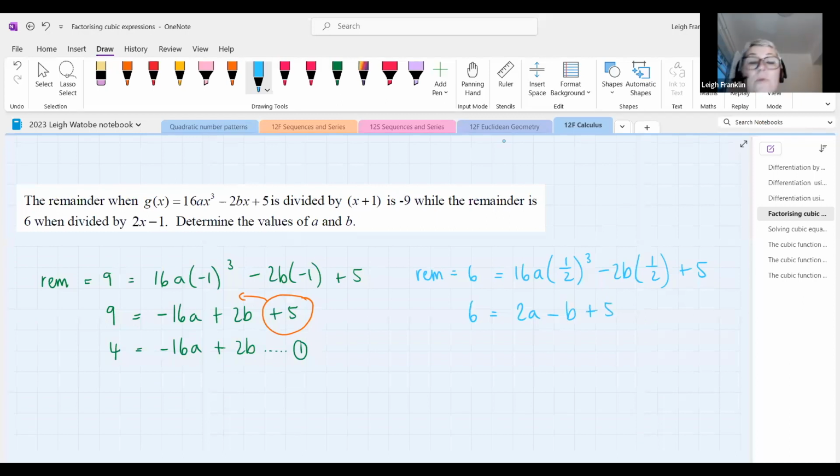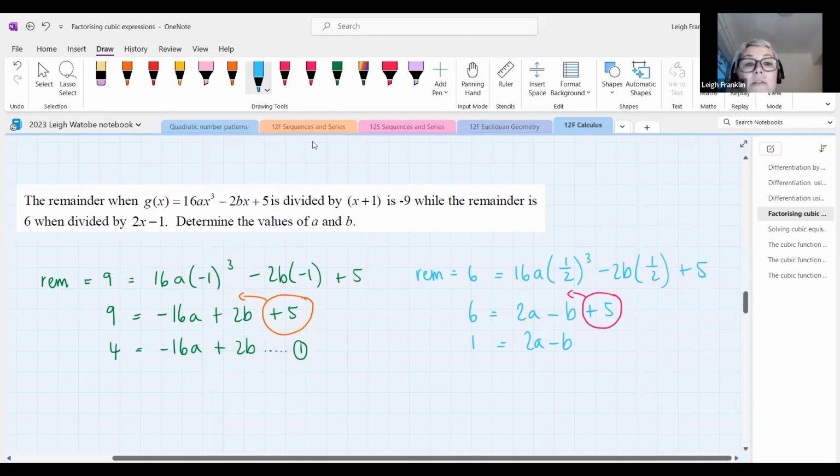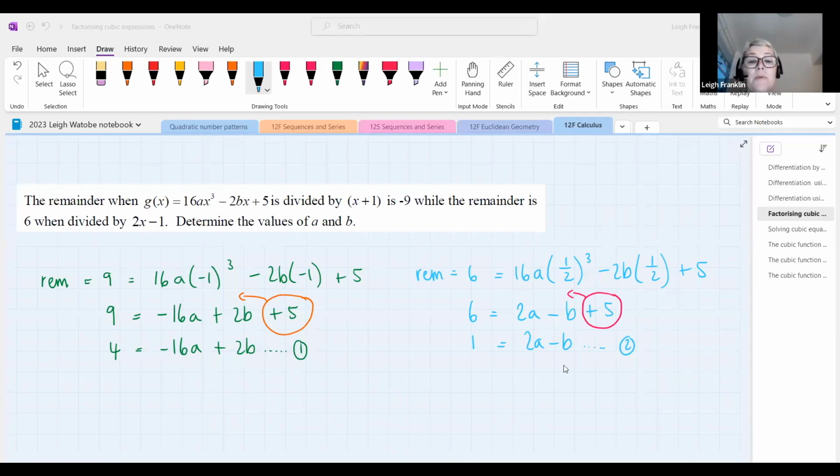And again, we want to take that plus 5 over to the other side. So that means we're going to end up with 1 equals 2a minus b, and there is equation number 2. Okay, did I make a mistake? I see there are some people with hands up. Nazi?